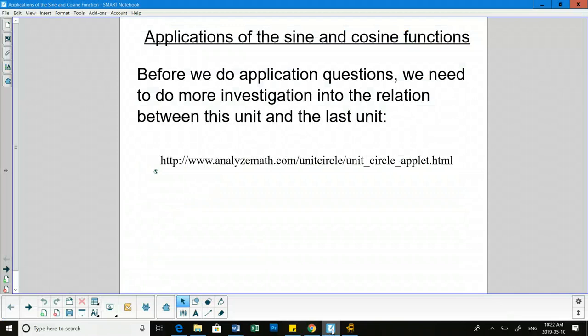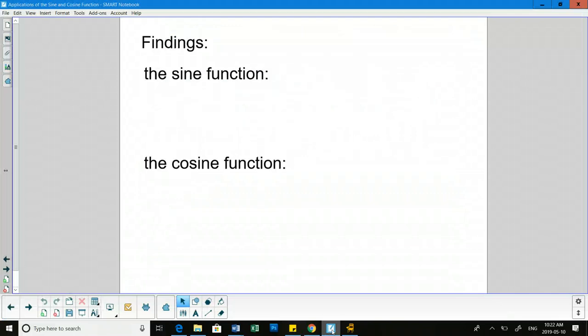Okay, so that is our big takeaway here, that the sine function is tracking what we call vertical displacement of our point as it rotates around a circular object, let's say.